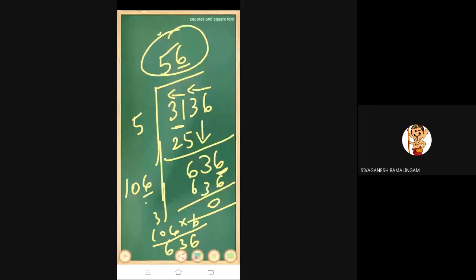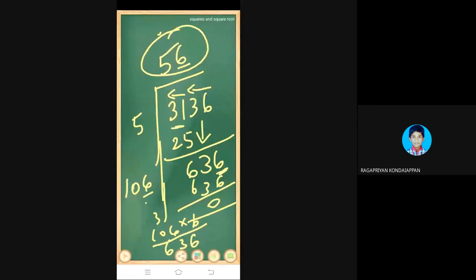Is it clear, all of you? First step, we have to make a pair. Then second, for the first pair, you have to check whether it is a square number or not. If it is a square number, you write that number, or else you have to write the square number which is lesser than the given number. Then you have to find the remainder, bring down the next pair, multiply the quotient by 2.